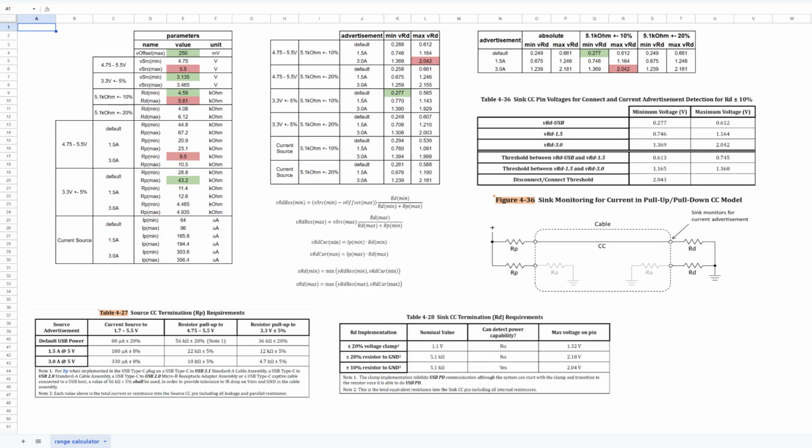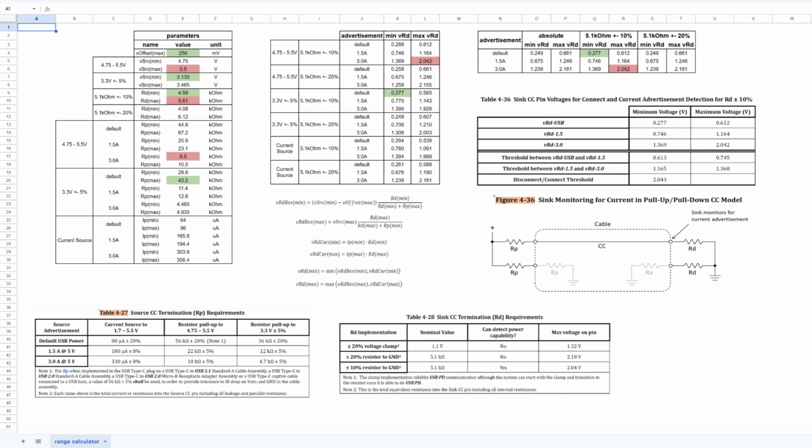To verify our understanding of these tables and the pull-up, pull-down CC model of figure 436, let's now look at the calculation of the minimum VRD USB voltage and the maximum VRD 3.0 voltage given in table 436.